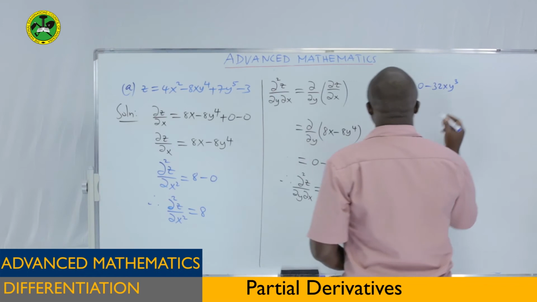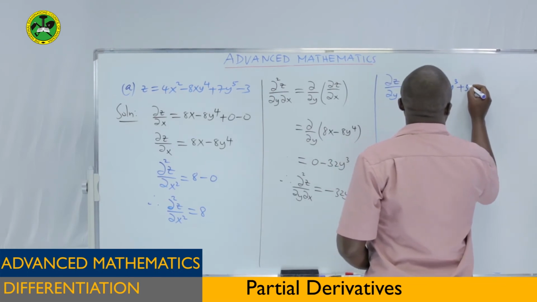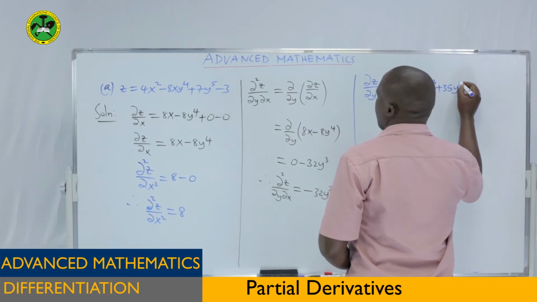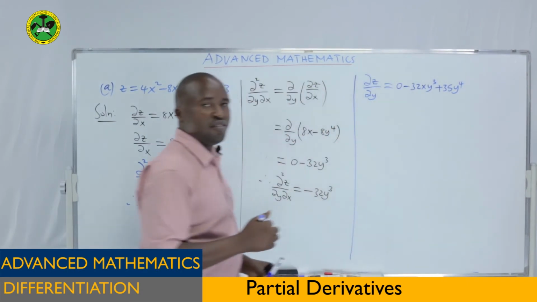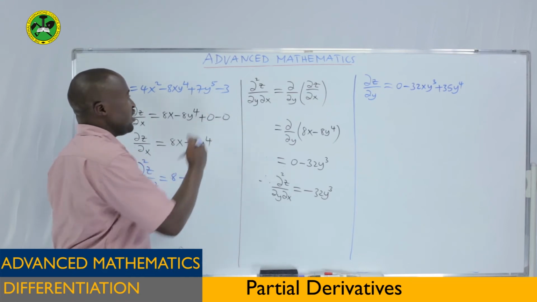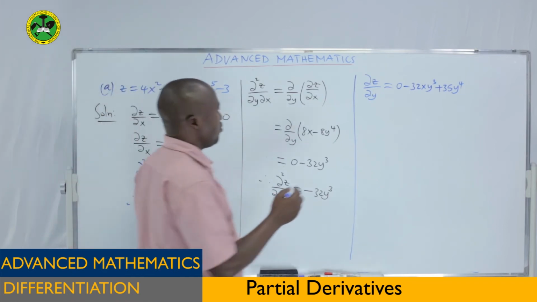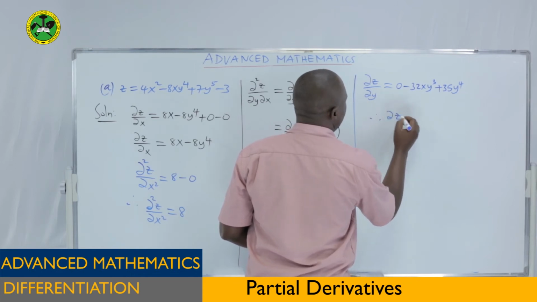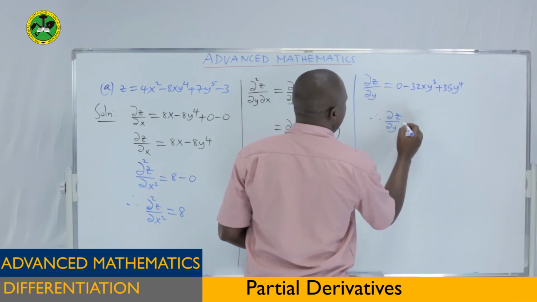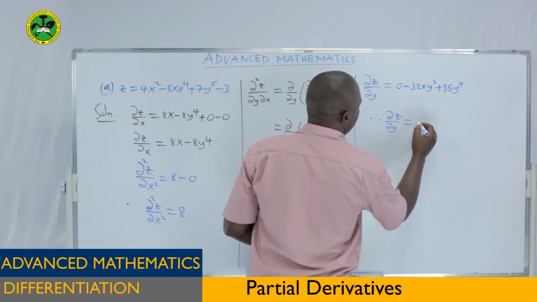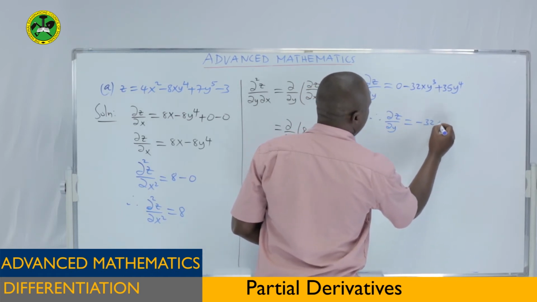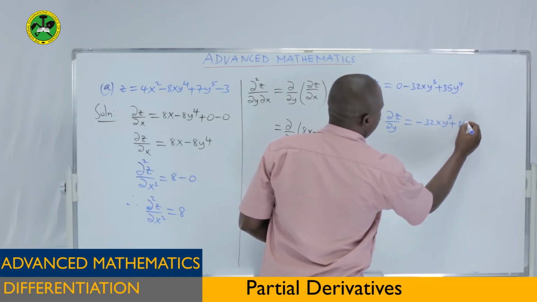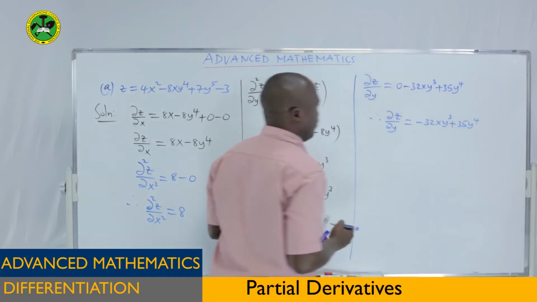In this case, we have 35y power 4. Then on differentiating negative 3, we have 0. So in this case, we say the partial derivative of z with respect to y when x is constant, we have negative 32x y power 3 plus 35 y power 4.